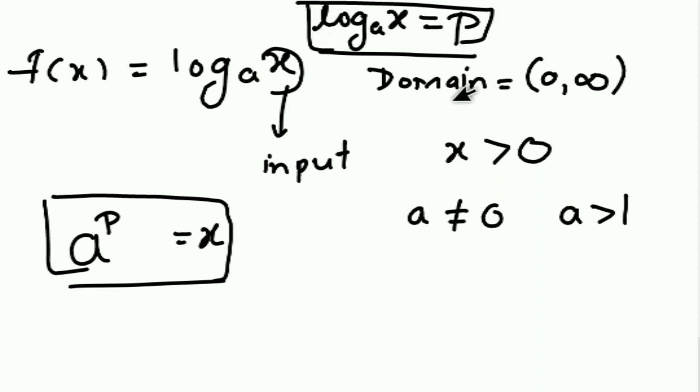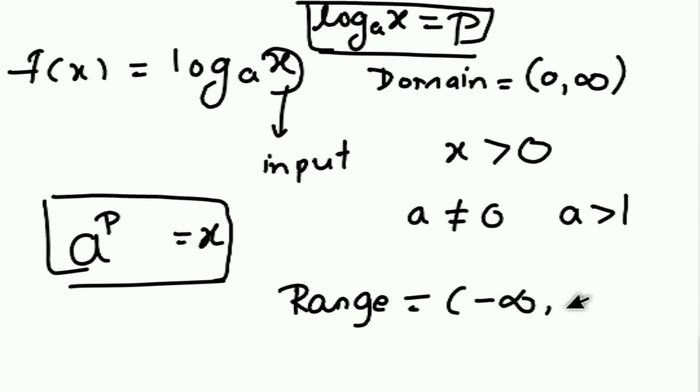So now we know that our domain will be from 0 to infinity. So what will be the range of these log values? Because of the log, we get a range from minus infinity to infinity. Means we get negative values, and we also get positive values. This is your domain that takes only positive values, and we will not include 0.